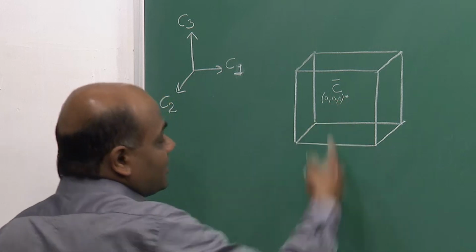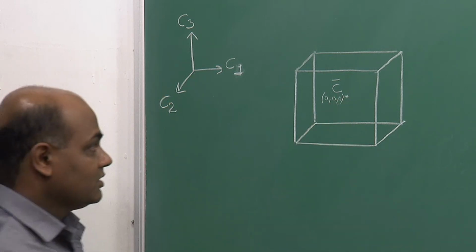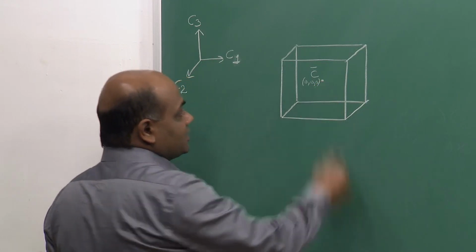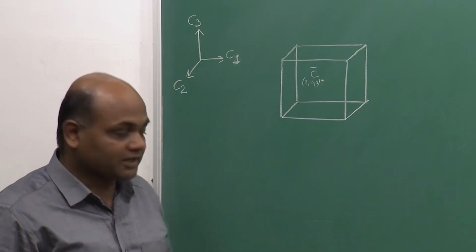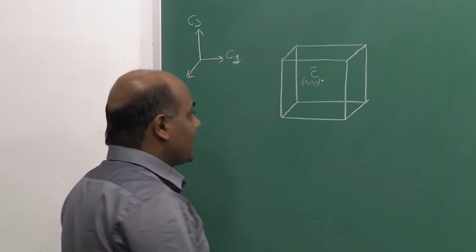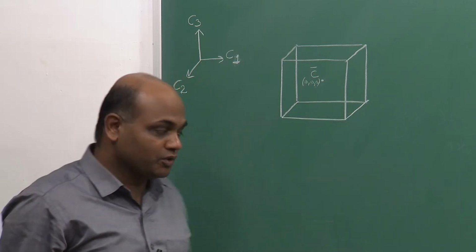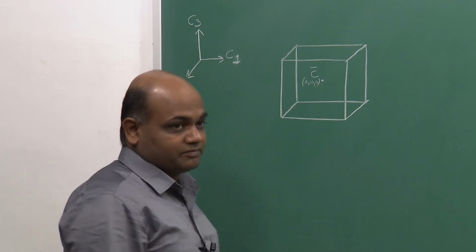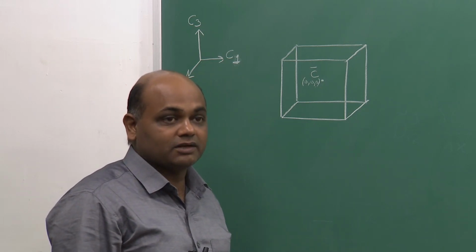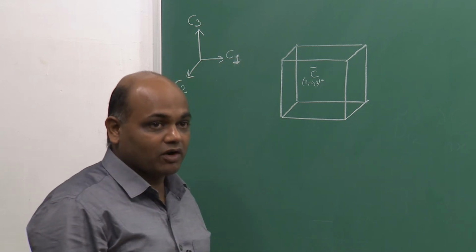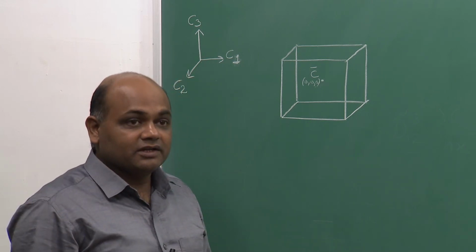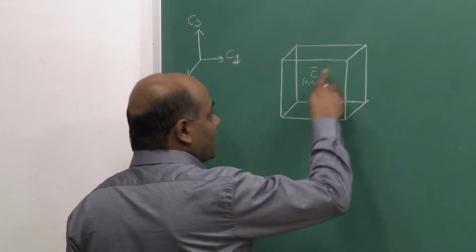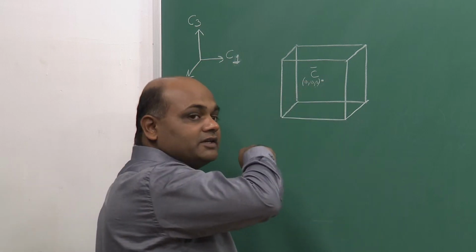Now, if I imagine the origin 0 0 0 to be at this C bar, that is at the body center, then I can mark the 8 corners of the cube in terms of delta C0 by 2, because delta C0 is the composition vector, and I have to select the terminal alloys from the ends of the body diagonals.